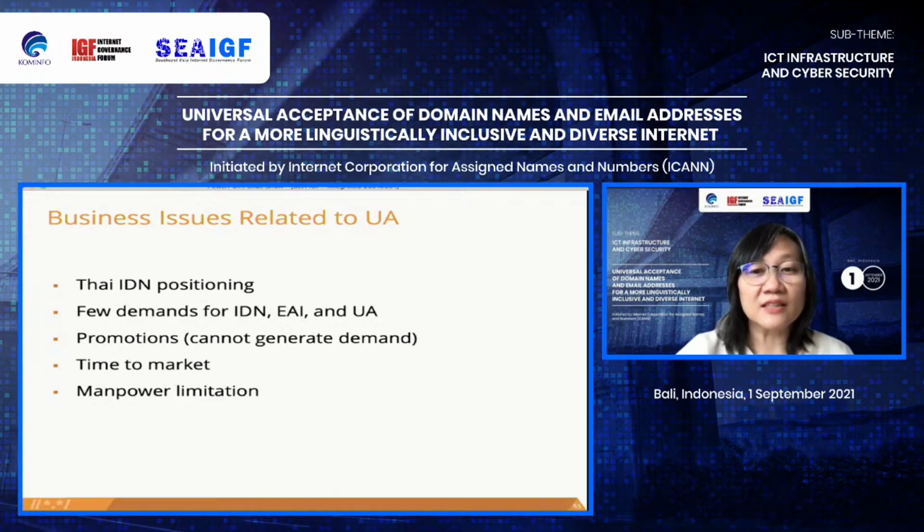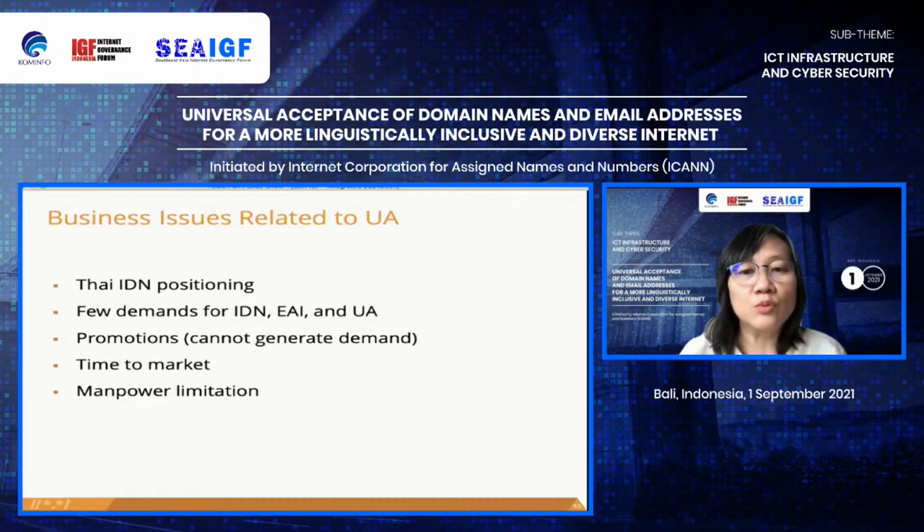The next issue we are facing is that the current demand for Thai IDN and EAI is still low. For your information, .thai had about 18,000 domains at the end of last year, and .thai has been introduced since 2011, so this year is our 10th anniversary.